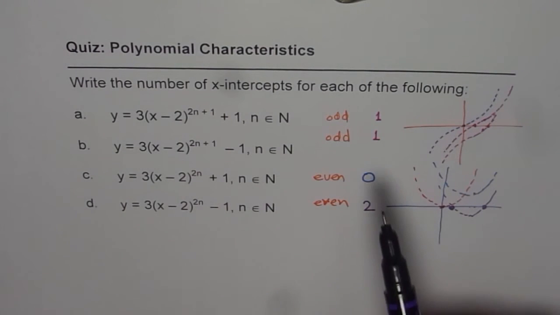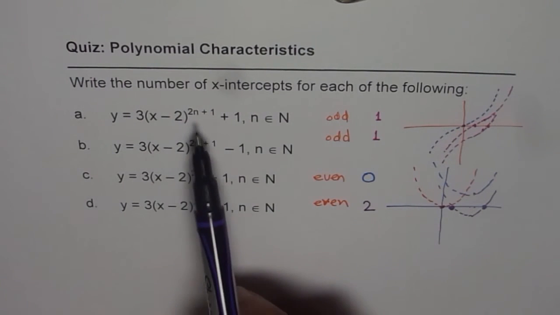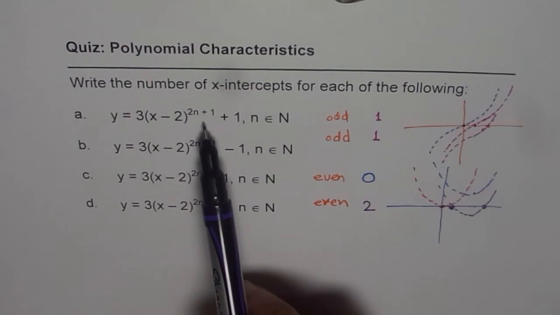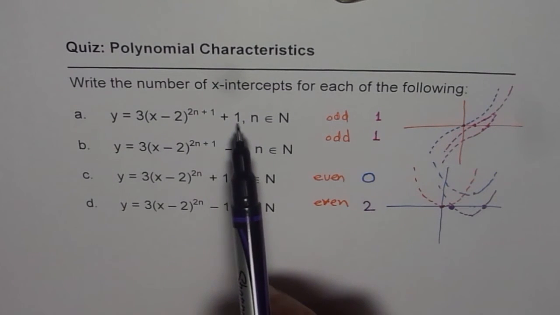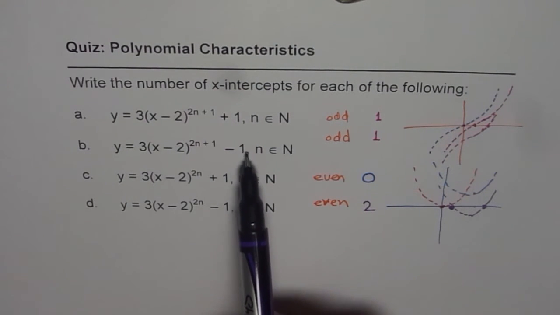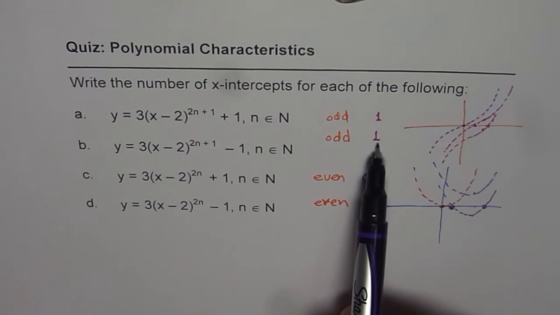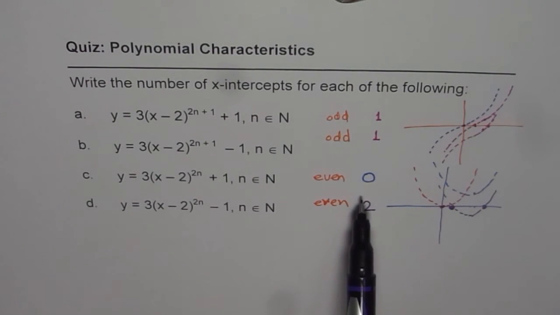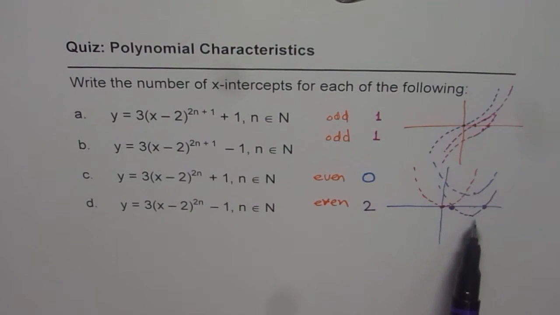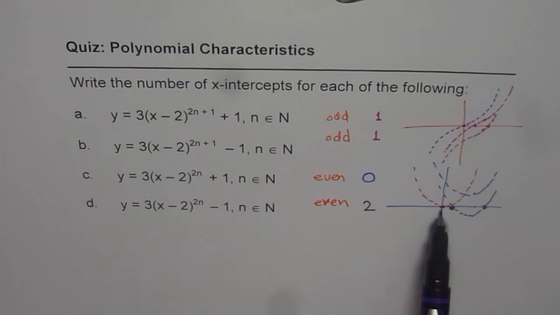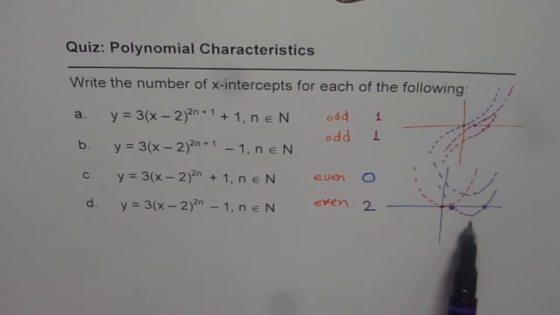So remember one thing, that for an odd degree polynomial, translating horizontally and vertically does not change the number of x-intercepts. But for an even degree polynomial, vertical translation changes the number of x-intercepts, right? From 1 it can make it 0, or 2, right? So that is what we conclude from this particular example.